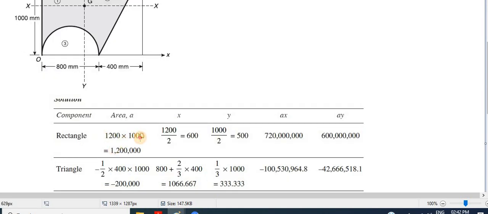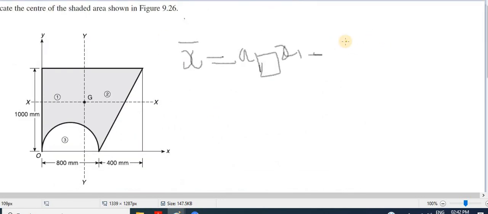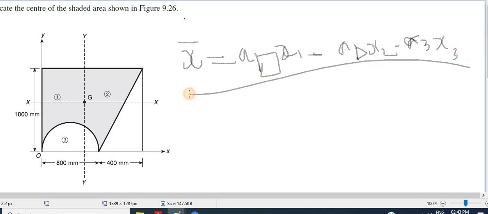Next is one triangle we need to subtract: area of a triangle, A2, X2, minus the semicircle, A3, X3, divided by A1 minus A2, the triangle, minus A3.